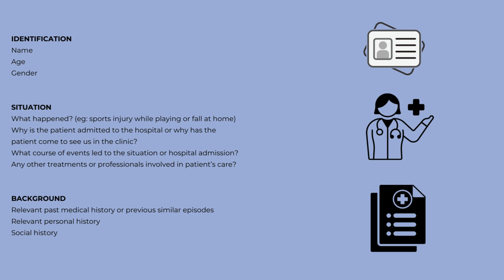So it can be any of those things. But we need to understand what exactly happened, what led to the injury. All right. So, as I said, why is the patient admitted? So, you may be seeing a patient in the acute ward wherein the patient has just had a knee replacement, let's say, or a total hip replacement, and then we are going to see the patient.